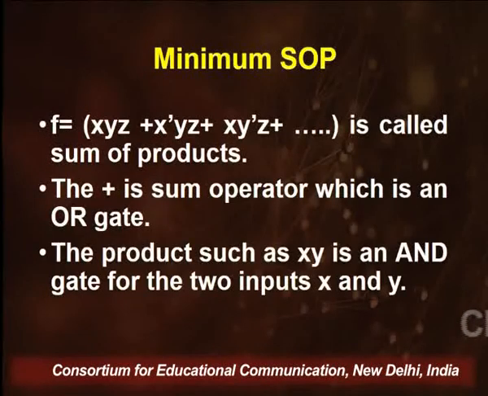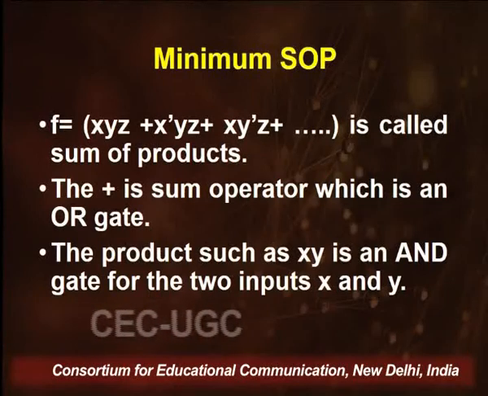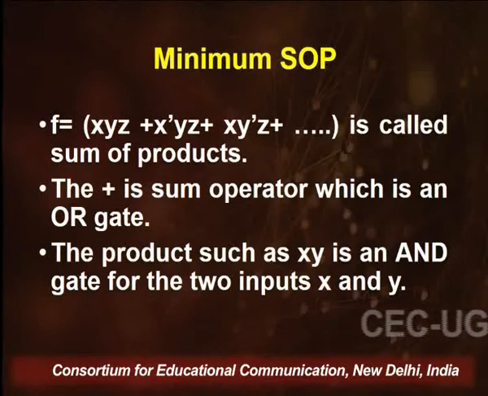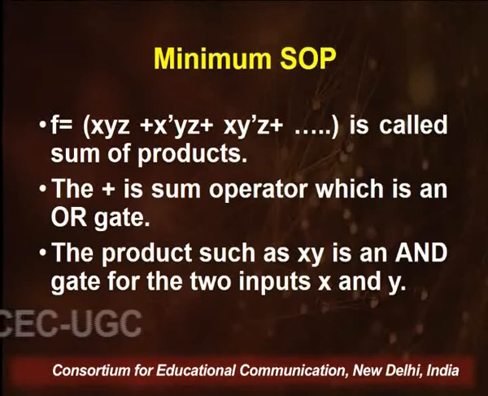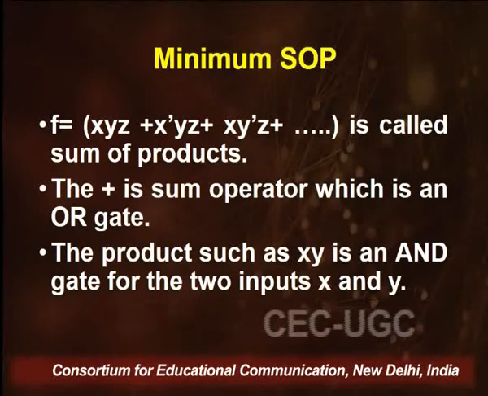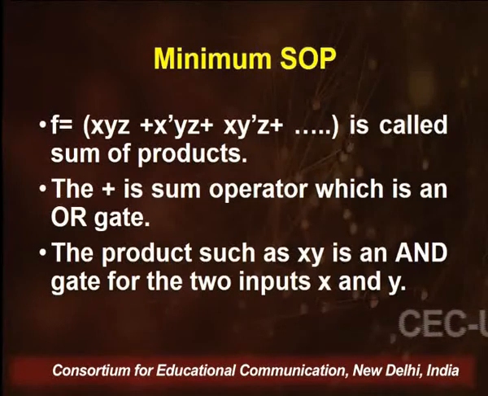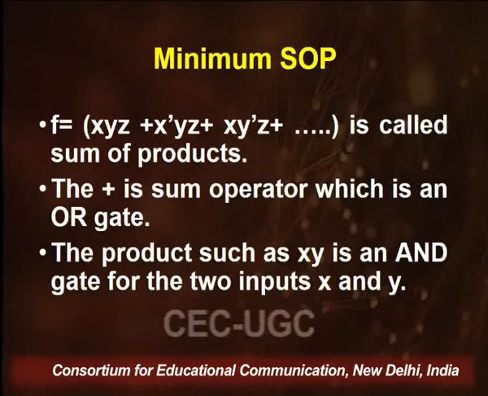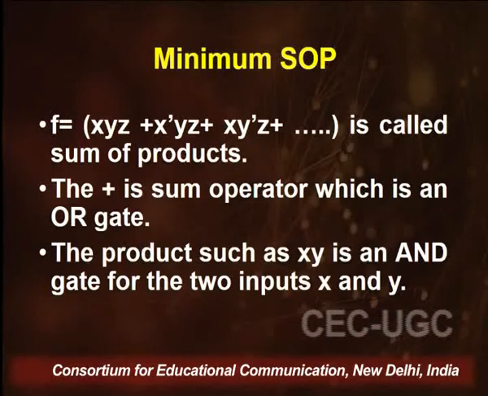Let's come to another concept, which is called the minimum SOP, or sum of products. Now, we are headed in a direction that if I understand the laws very well and can apply them, I can be very comfortable in reducing a complex equation into a simpler one. However, someone who is not very comfortable using these laws may find it a little difficult to reduce it to a simpler version.